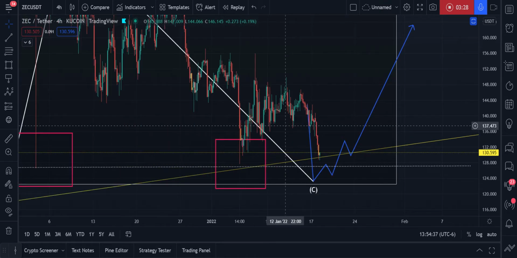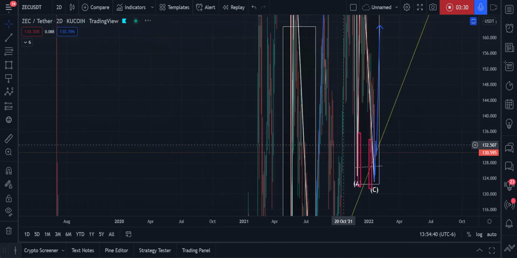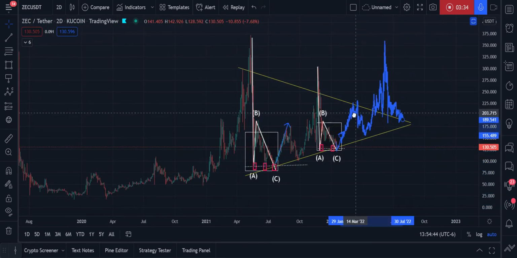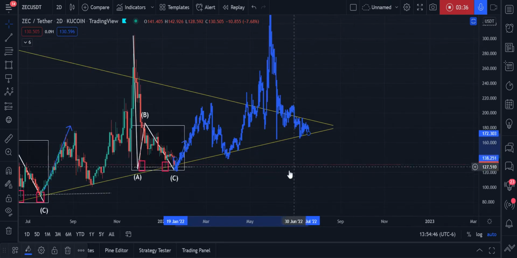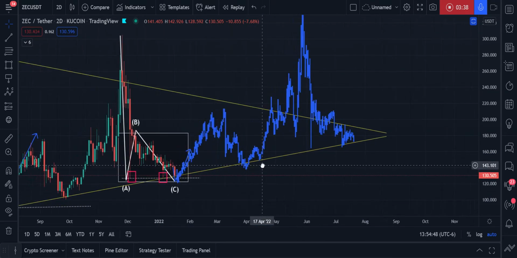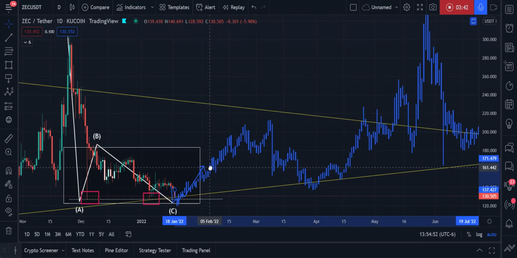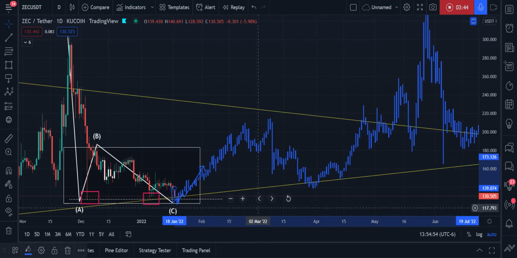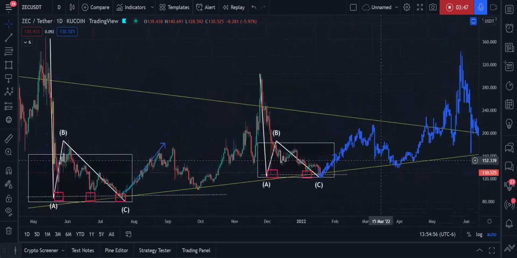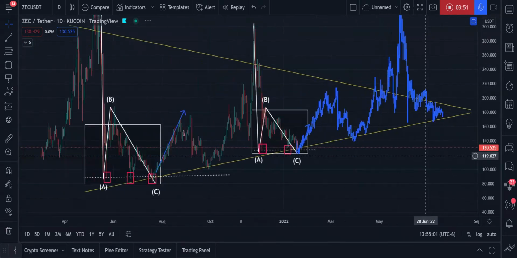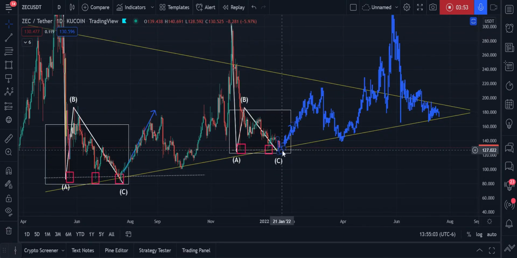But that's what Zcash is looking like. And if you're on the Twitter, I showed just a little hopium for y'all. If we were to repeat historic price action, it would look something like this, right? If you just take the candles from previous historic price action, it would look something like this, okay? Where we would get that bounce here exactly.